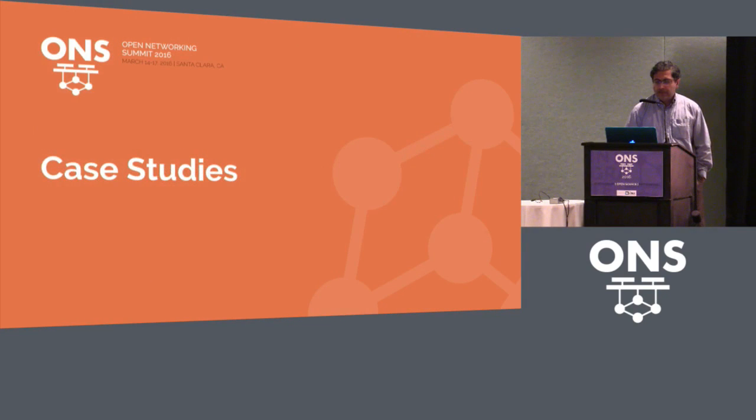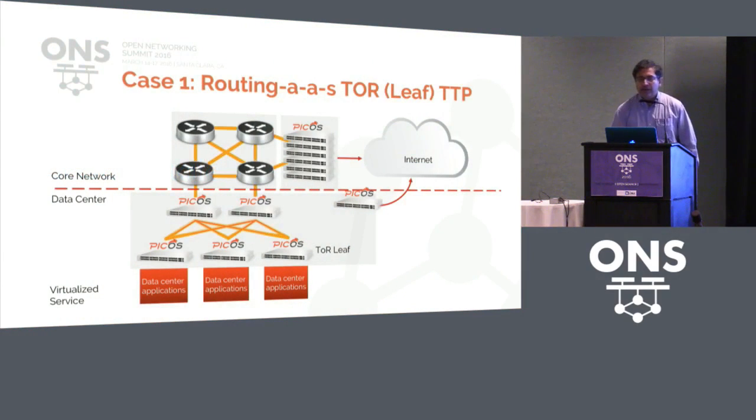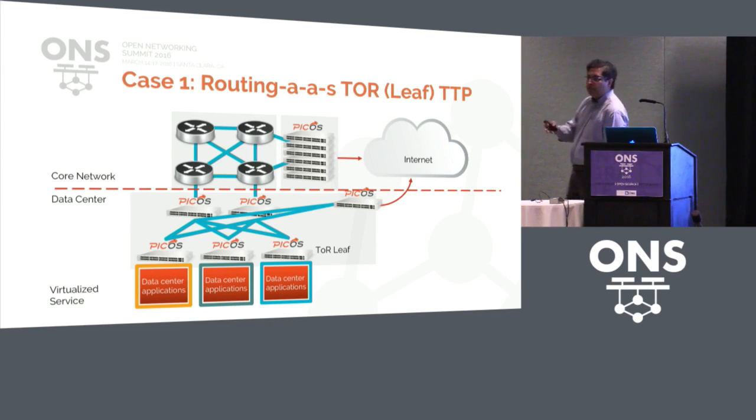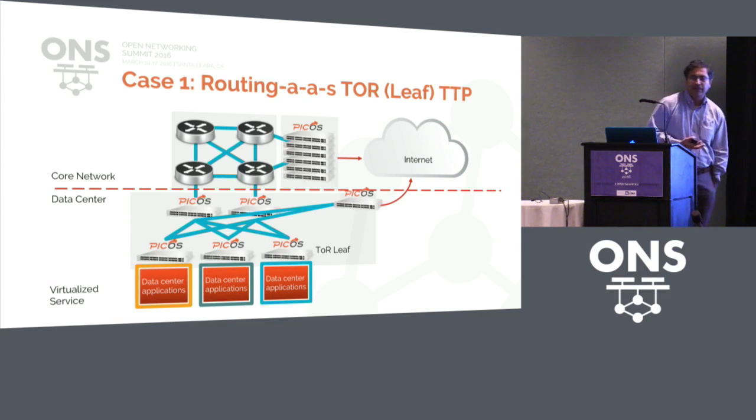The next few slides are about some of the use cases that a single TTP file can enable. We have the unicast routing TTP, and that TTP alone enabled quite a few use cases for our customers. If you look at a typical top-of-rack solution, where you have a data center fabric, and the top of rack is the only place where the customer chose to put in OpenFlow, the spine is still a traditional IP routing spine, nothing special, no special needs there. The only place where he wanted to innovate was at the top of the rack.